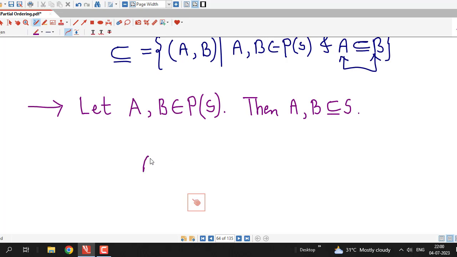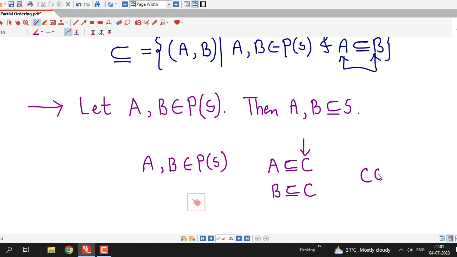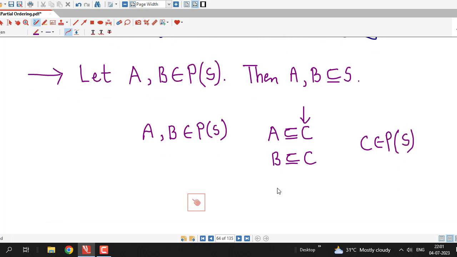Now it is clear that whenever we have two sets in the power set, we will always have another set which contains these two sets. Suppose C is a set containing A and B, or suppose A and B are subsets of some set C which is in the power set of S. Then this C is an upper bound.